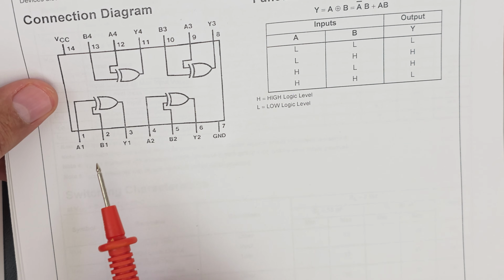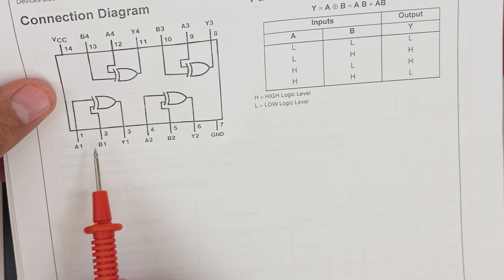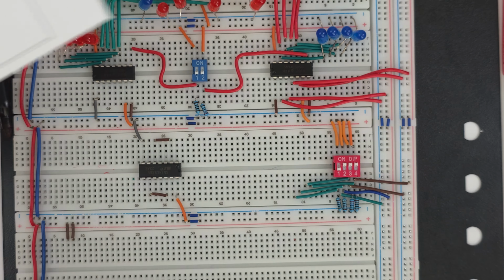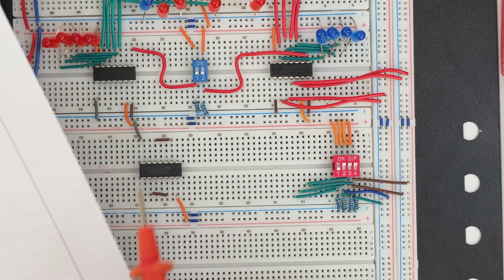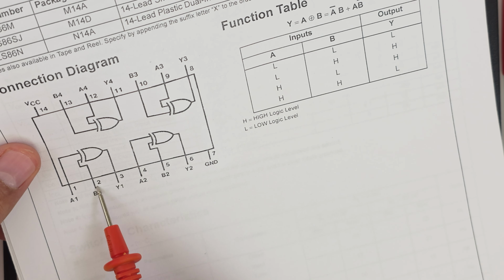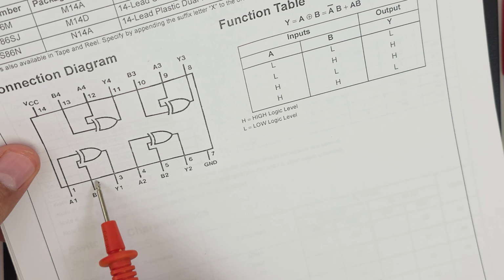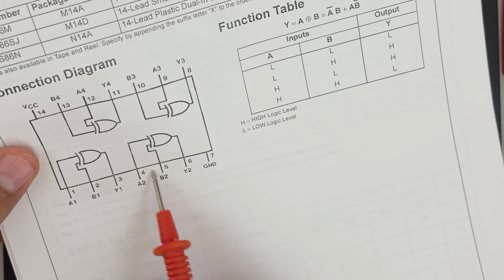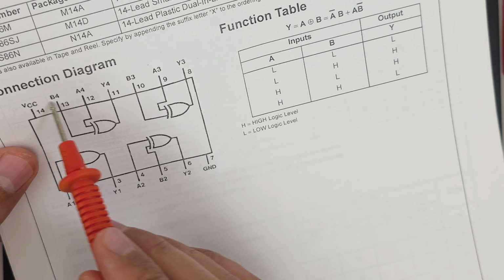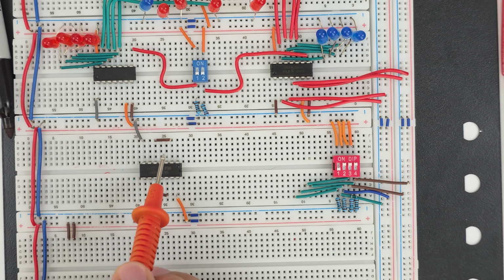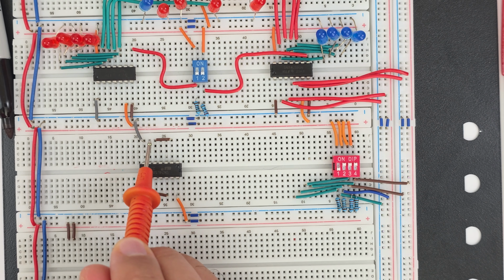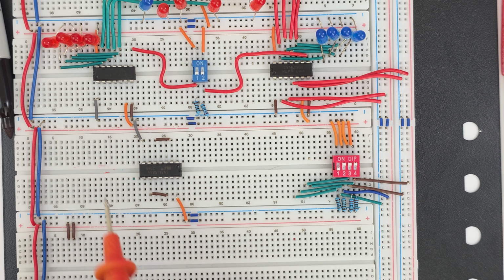Look at the first pin of this logic gate. Let's say it is pin number 2. If you look at pin number 2, you can see that it is connected to this IC, and this should be connected to pin 5, because we are going to take the second pin of each gate. So 2 should be connected to 5, and I did this with this wire from 2 to 5.